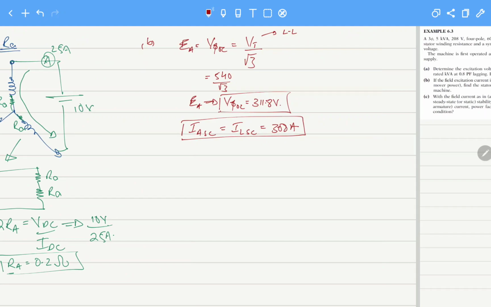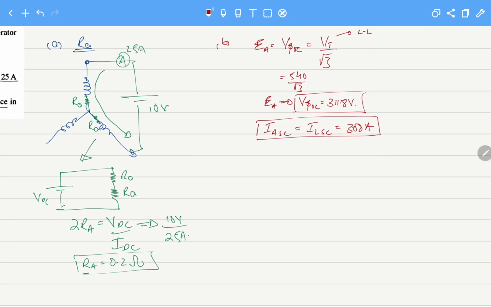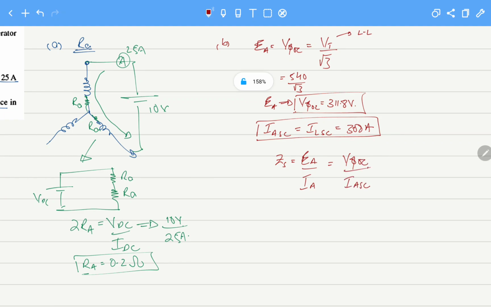So Z synchronous equals EA over IA, and this is V phase open circuit over IA short circuit.